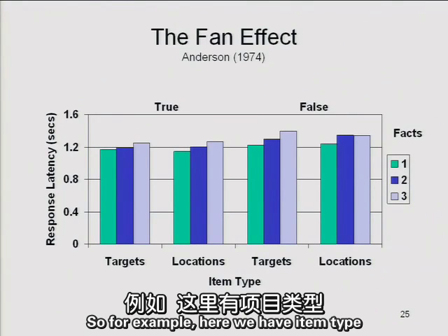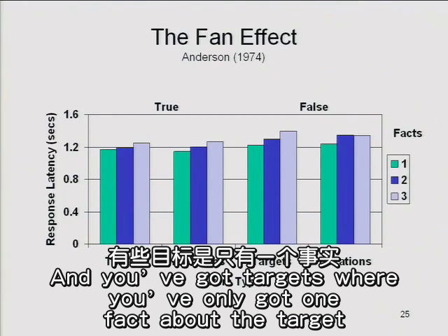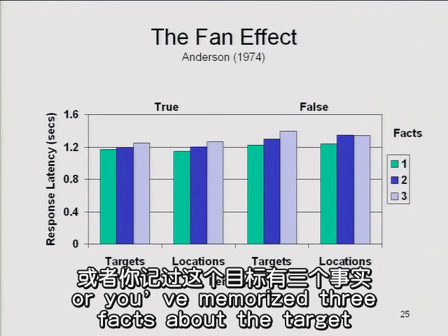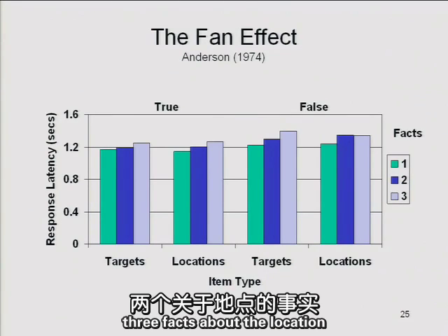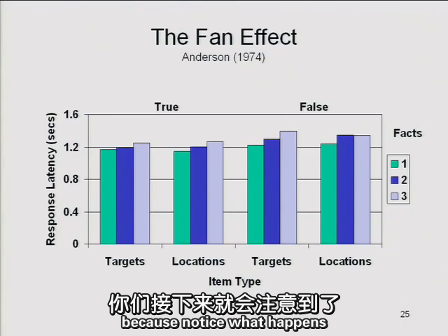So, for example, here we have item type, targets and locations. The doctor is in the park, and you've got targets where you've only got one fact about the target, or you've memorized 2 facts about the target, or you've memorized 3 facts about the target. 1 fact about locations, 2 facts about a location, 3 facts about a location. It's called the fan effect in part because notice what happens.